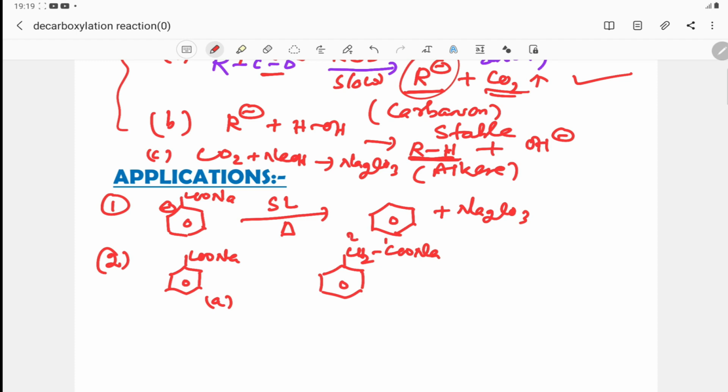This is sodium benzoate, and this is the second compound. Then another compound, suppose you take like this.